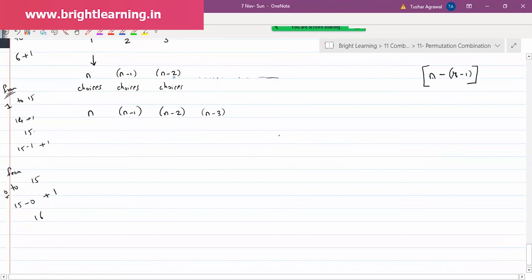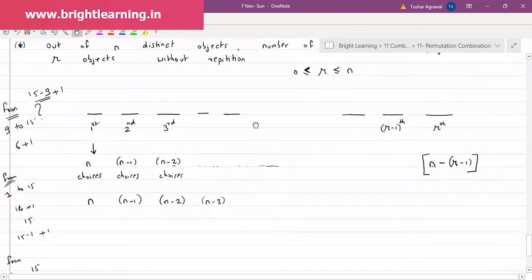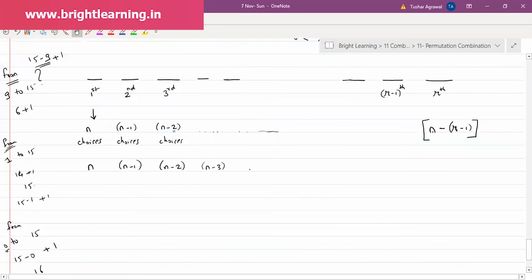The integers go on decreasing, like 8 into 7 into 6 into 5 into 4. They go on decreasing up to n minus r plus 1. Here it will be n minus r plus 2.